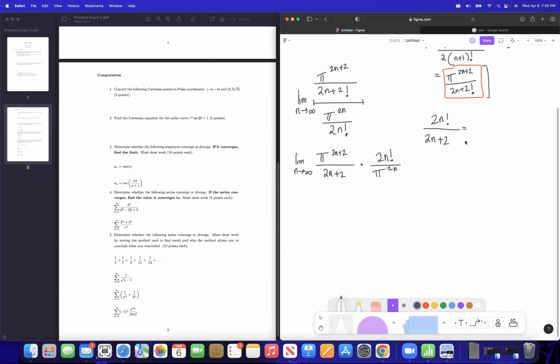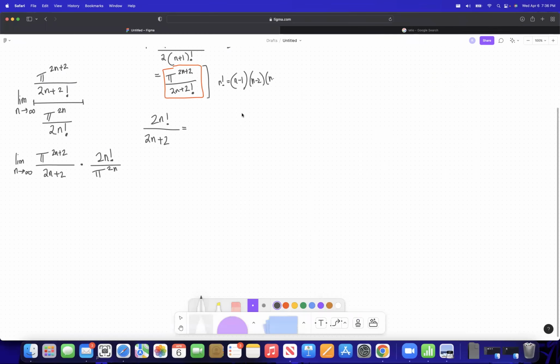So 2n factorial, right? I feel this whole factorial deal kind of confuses people. The idea is that if you have n factorial, and that n could be anything, it's n minus 1, n minus 2, and then n minus 3, and so on and so forth. It just keeps going on and on.